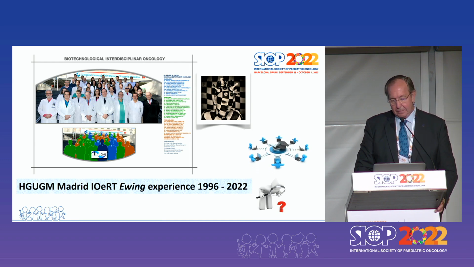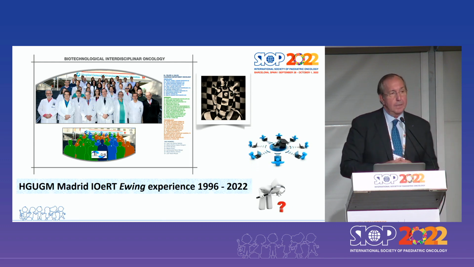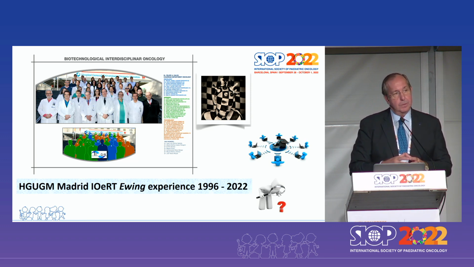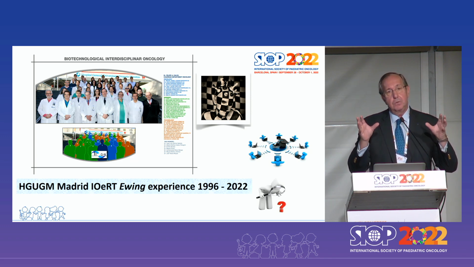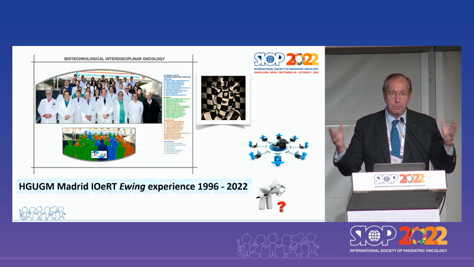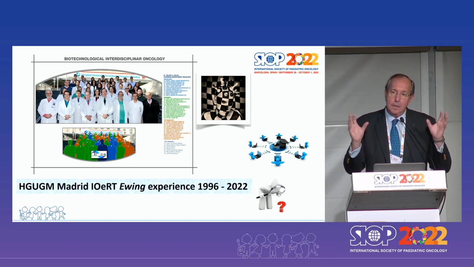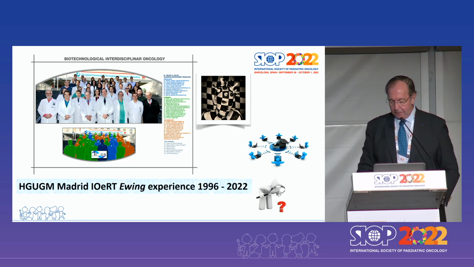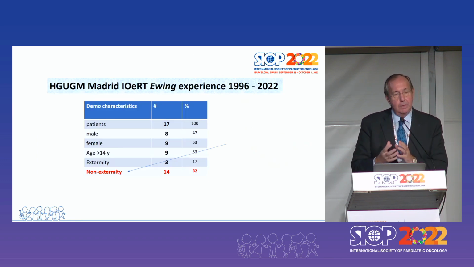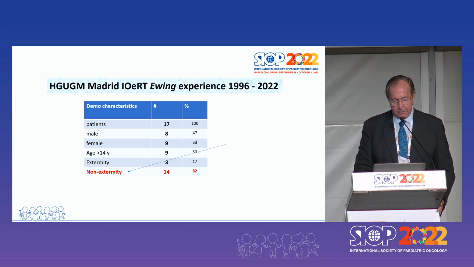And finally, our own experience. In Gregorio Marañón, which was my former hospital, if a patient with Ewing sarcoma reached the moment of decision of local therapy and was a candidate, because of the protocols, for surgery and external radiotherapy, then we discussed whether at the time of intraoperative resection we could find a favorable situation to do intraoperative radiotherapy.